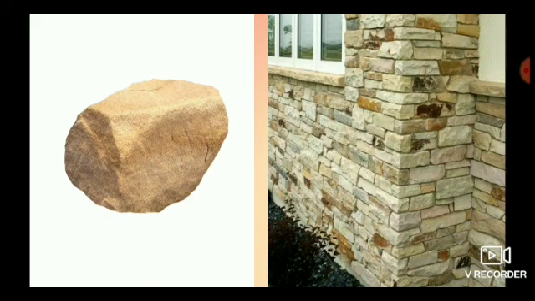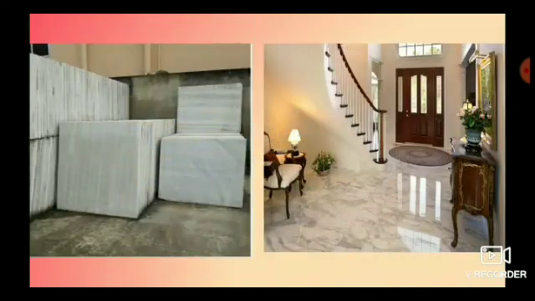So sandstones are found in this region, and also marbles. Have you seen this? They use marbles on the floor in houses or offices or any other place. We use marbles, tiles, granite. These are the stones which we use in our house or whatever the place may be. For construction purposes, these things are very useful, and they are found in the desert region.